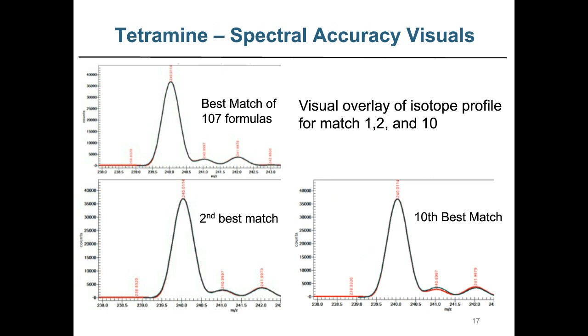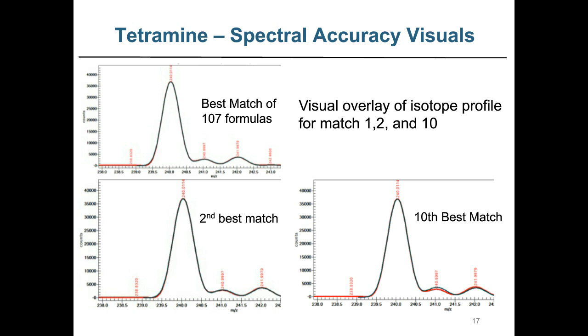Just to give you an idea visually, this compound was correctly identified. The formula was for tetramine, which is a potent poison, rat poison. And there were 107 formulas that came out of that 20 millidalton window accurate mass search.